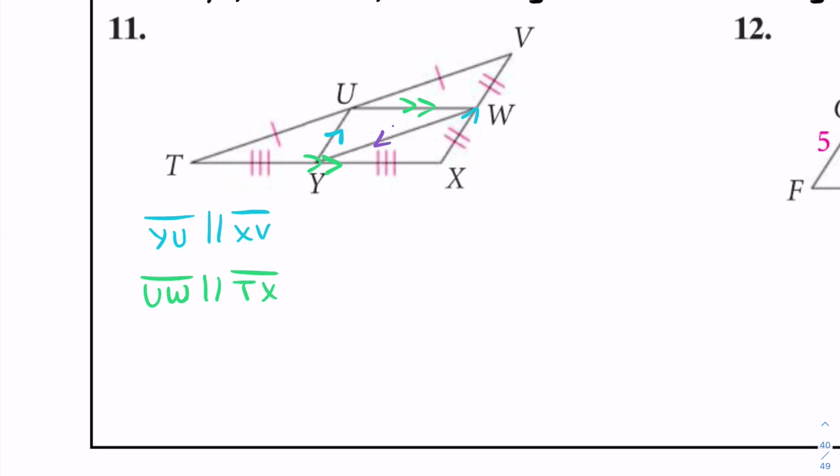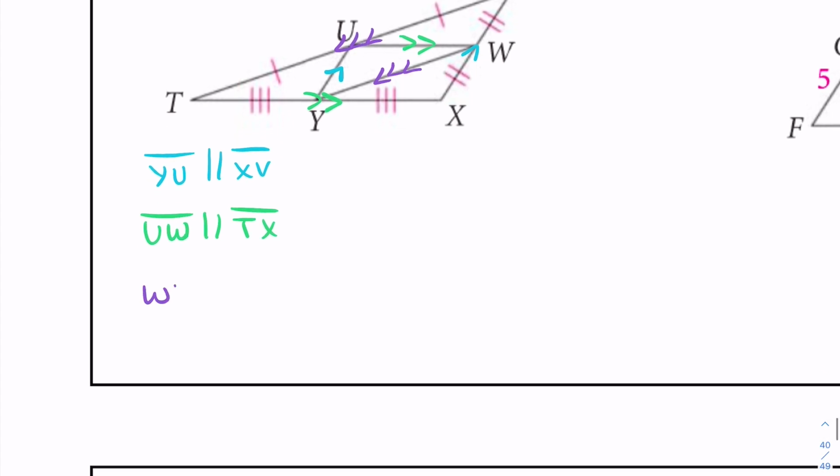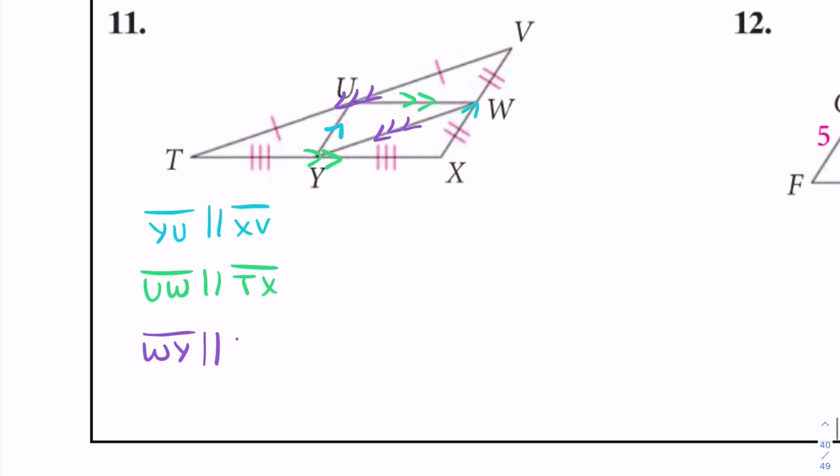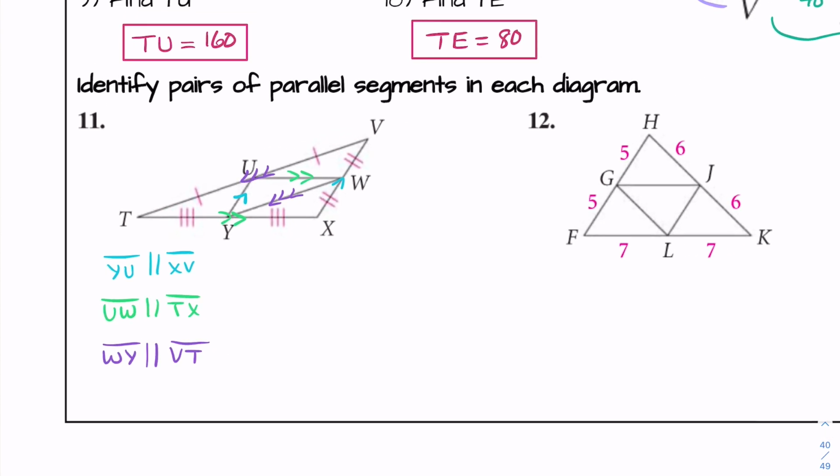So the last one is this one, which is this one. So WY is parallel to VT. And that's it.